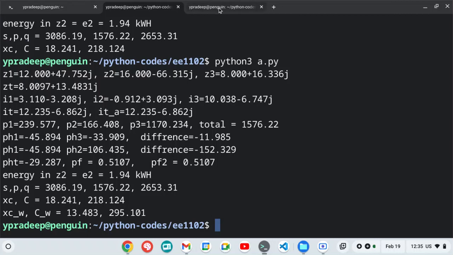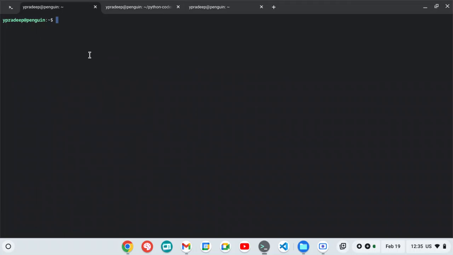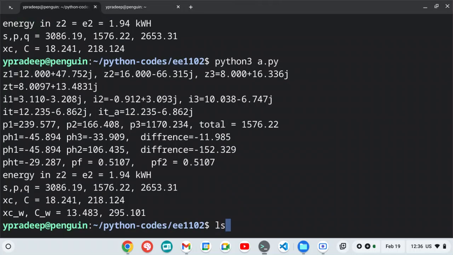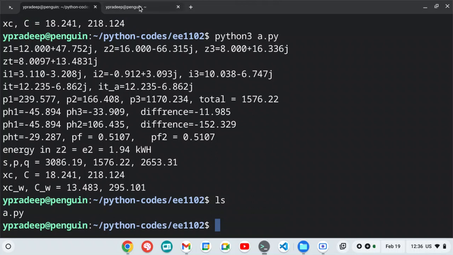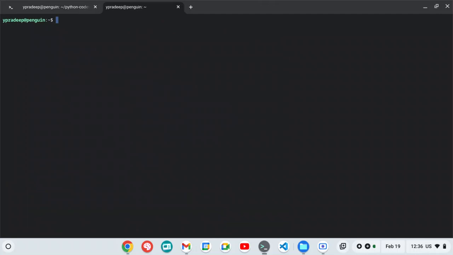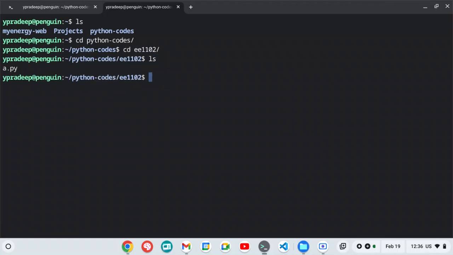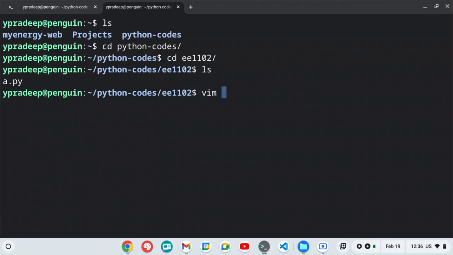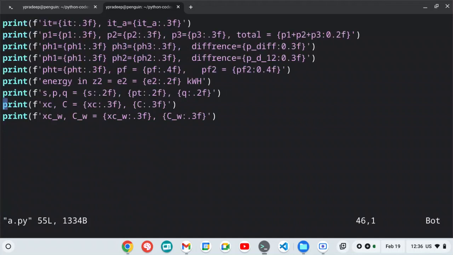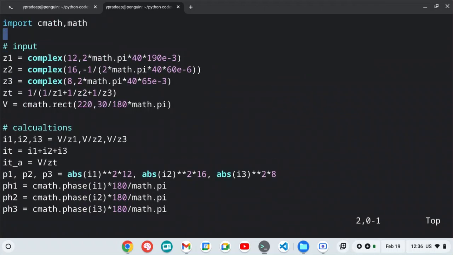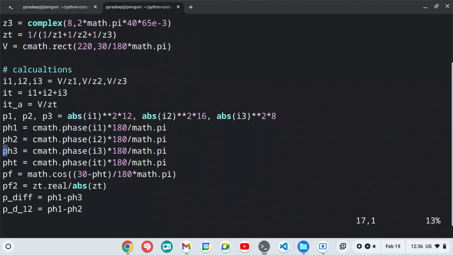So this is the code that we already discussed in part one of this video. I will not repeat everything, except that Z1, Z2, Z3 are mentioned here. Total impedance, all these things, they're all calculated.